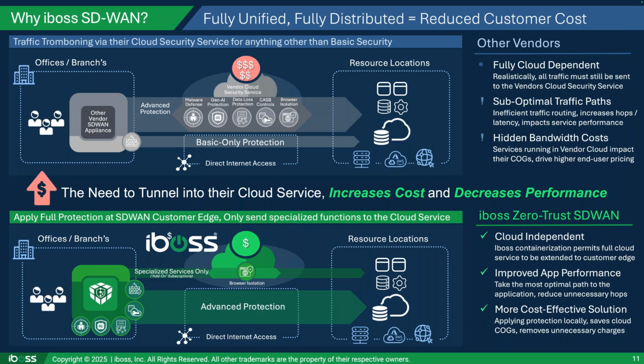Again, if we look down the bottom of this slide, we already had a containerized architecture, which you'll be familiar with, and that containerized architecture already had all of the SSE security layers built into it: firewall, DLP, CASB, malware defense, technologies like browser isolation, and the ability to control and inspect Gen AI.